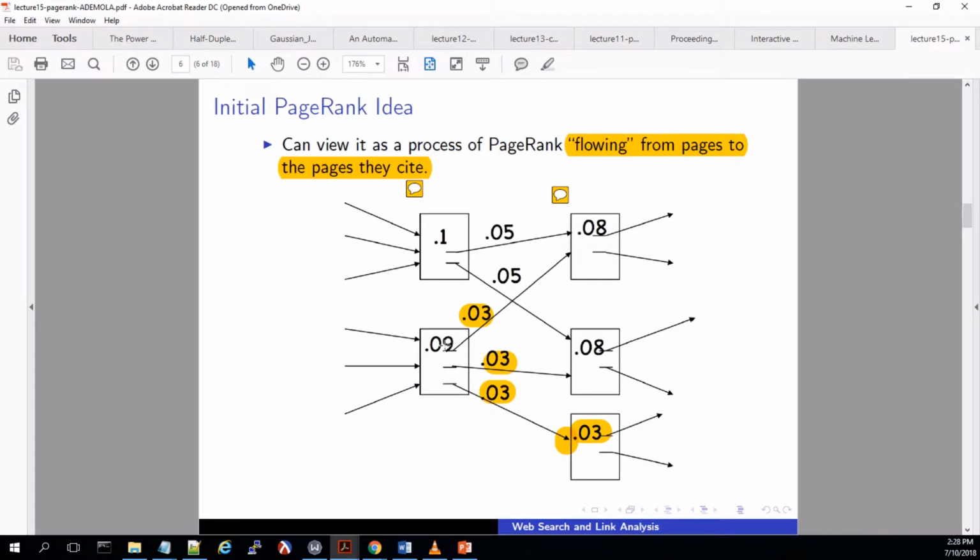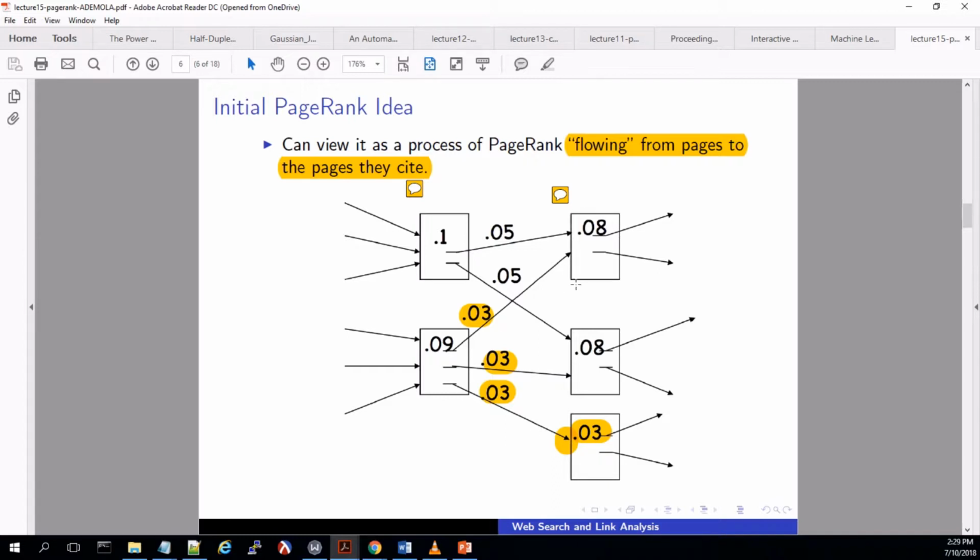Likewise, this page is pointing to 3 other pages, and you can see that it is sharing its weight equally on the pages that it is pointing to, as you can see from the 3 arrows coming from here.